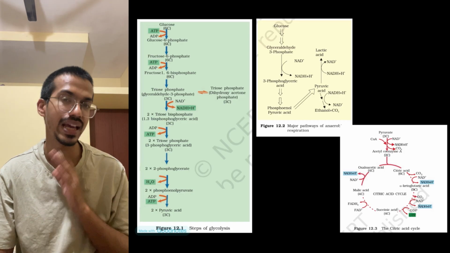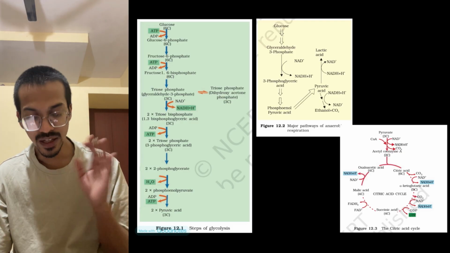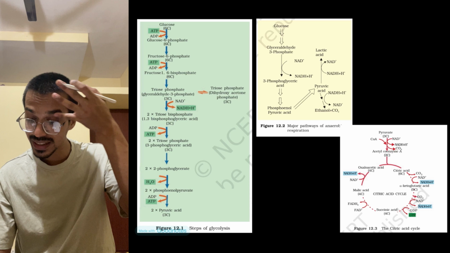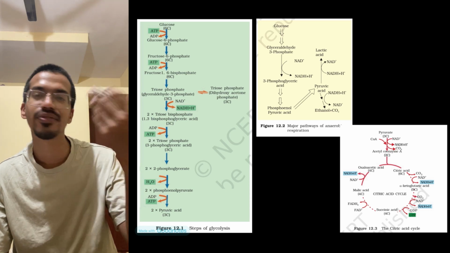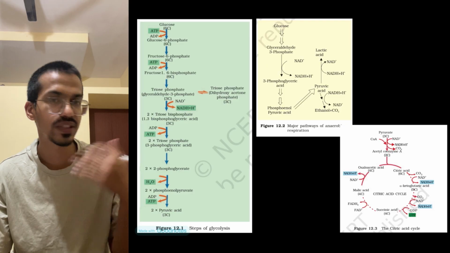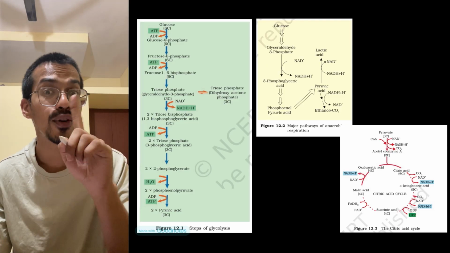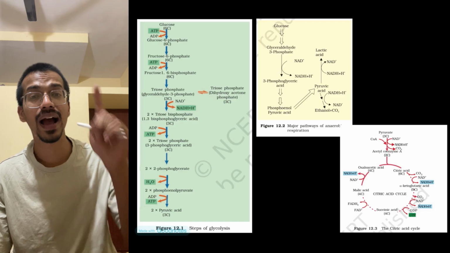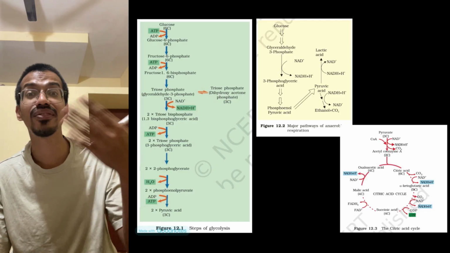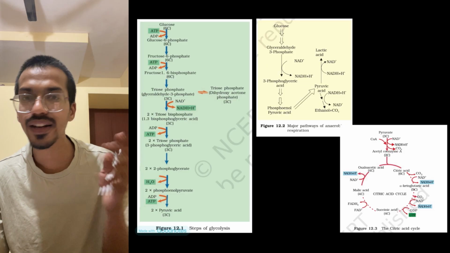These reactions can come to you as a step based, sequence based question also, so it is very important for you to go through it. These are not diagrams which I felt should be told to you in this part only. But what if something undergoes fermentation? Fermentation can only be done by bacteria? No, it can be done by certain eukaryotes also, like fungi, and even certain other organisms can do that.